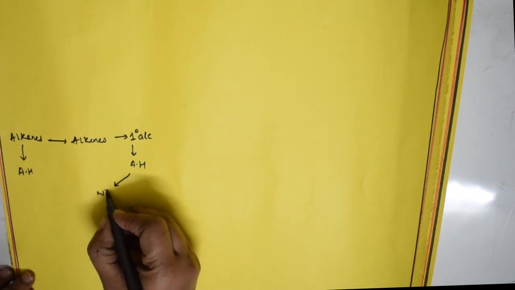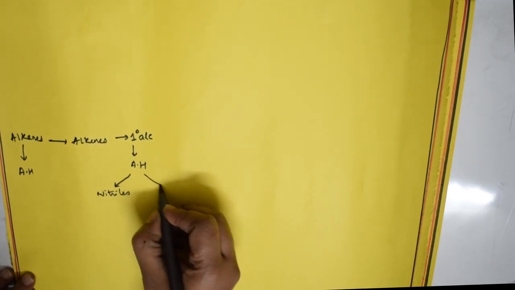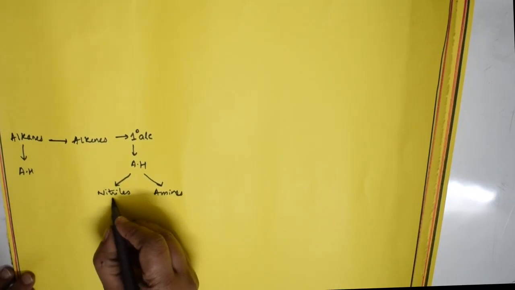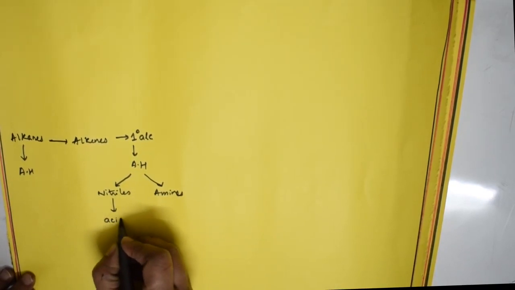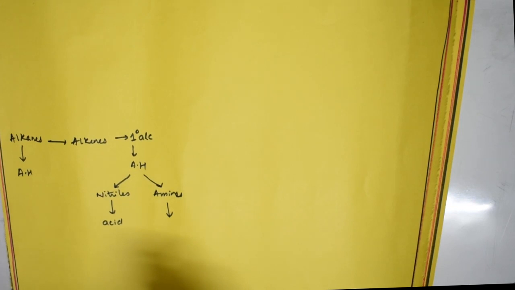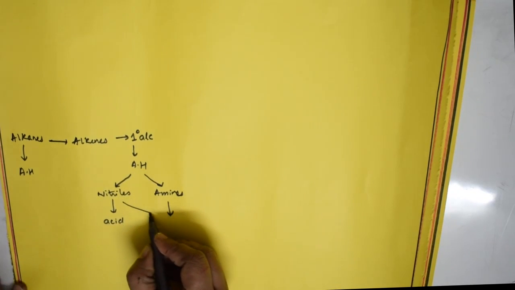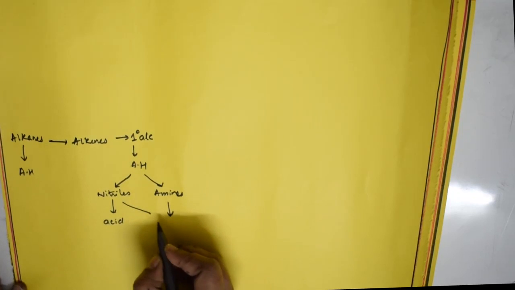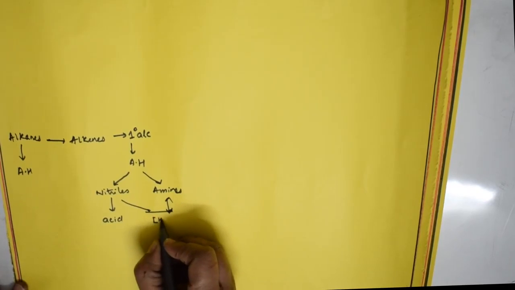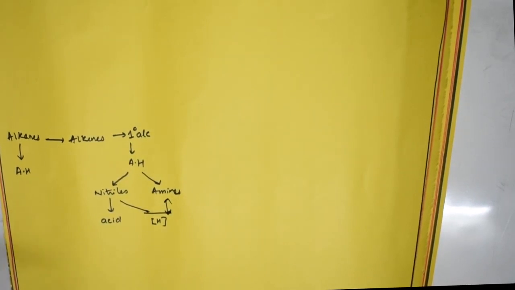It is also converted into amines, correct? Then these nitriles are further converted into carboxylic acid. Nitriles are also converted into amines on reduction. This is where I stopped, correct? Secondary alcohols I said, and tertiary alcohols.